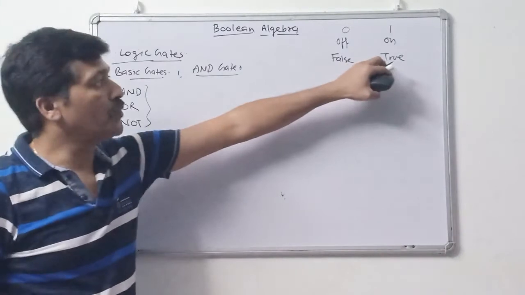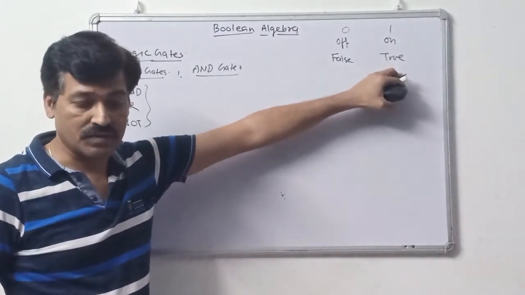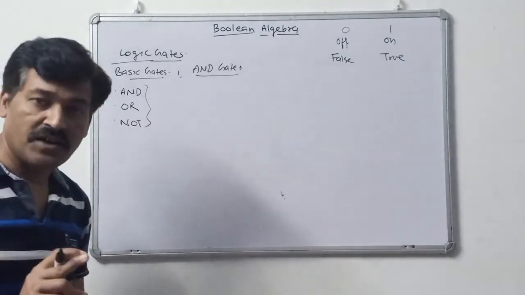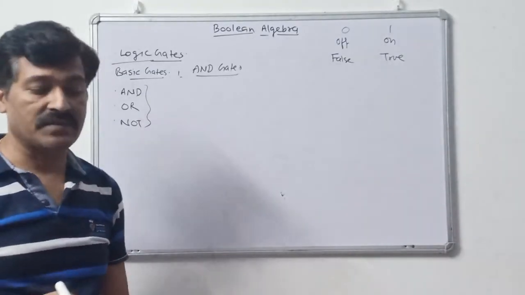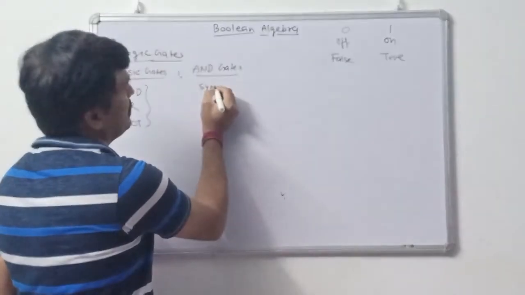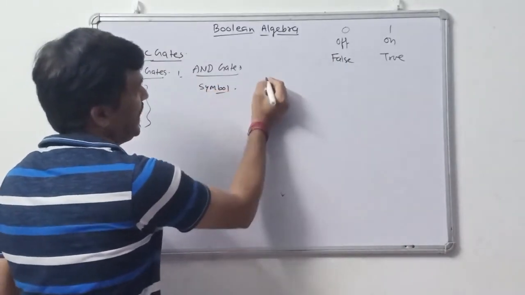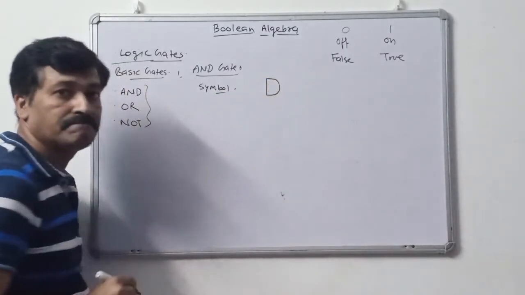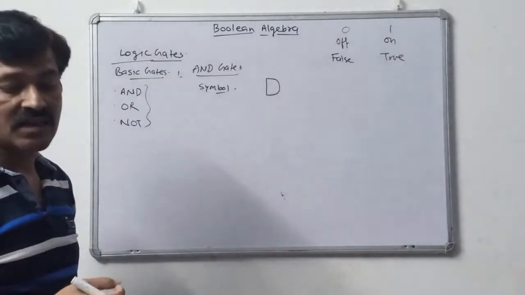So when all the inputs are true, it returns true. The symbol of the AND gate is like D, the letter D in the English alphabet.